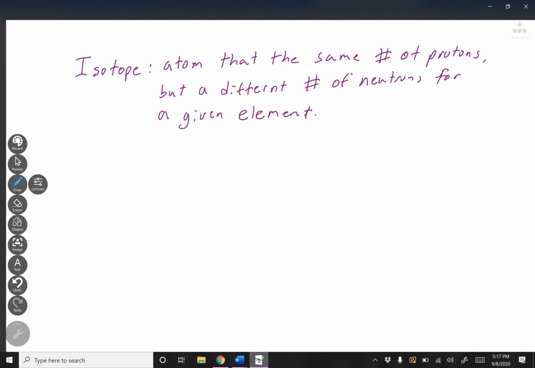Okay, so this is just an off-the-cuff definition, but it's an atom that has the same number of protons but a different number of neutrons for a given element.